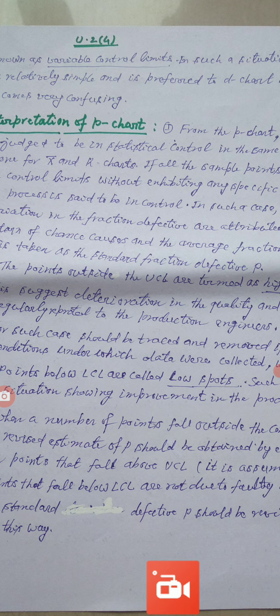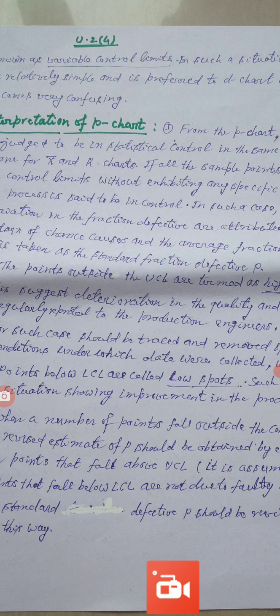From the P chart, a process is decided to be in statistical control in the same way as is done for X bar and R chart.